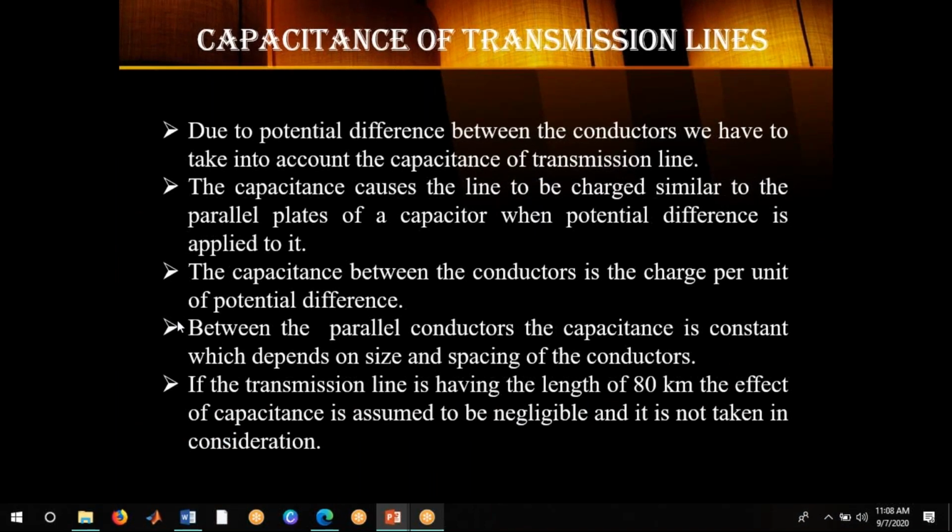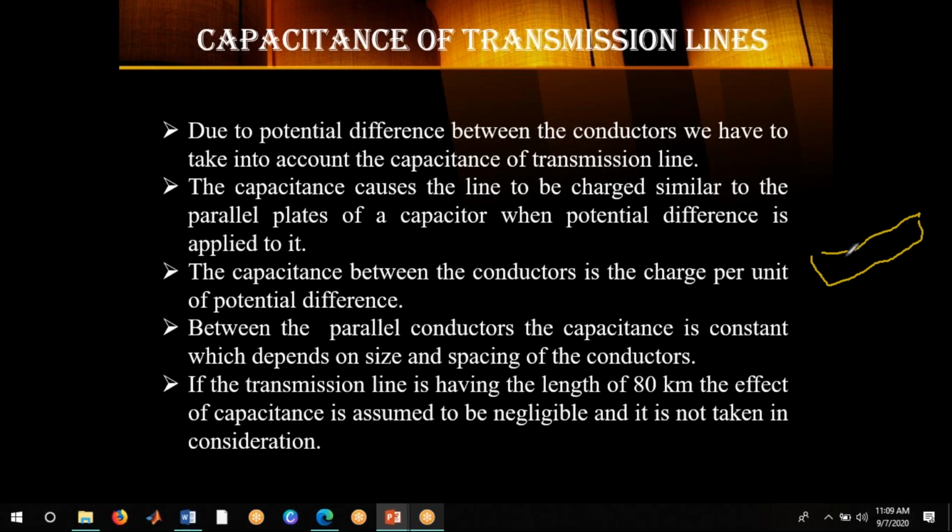I already told you that there is a potential difference between the conductors. Suppose I take the conductor here. Due to the excitation, there is a flow of charges over this distance. When the charges flow, a potential difference occurs across the conductor, and this is taken into account as capacitance.